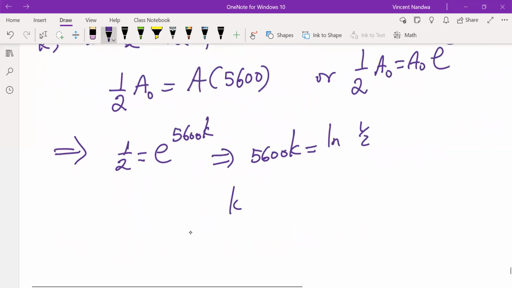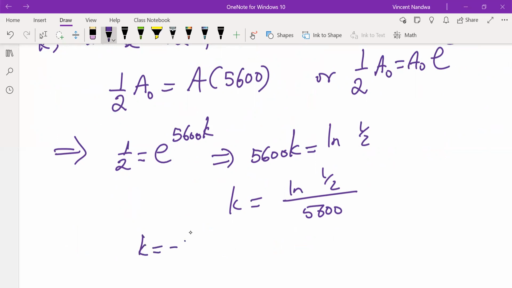So k is ln of a half over 5,600, which is negative 0.0001238.